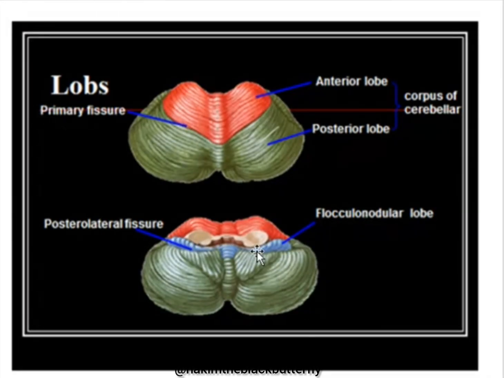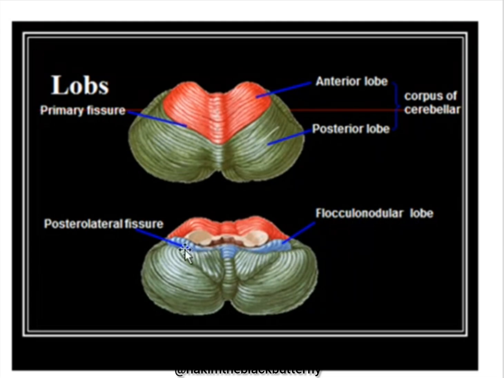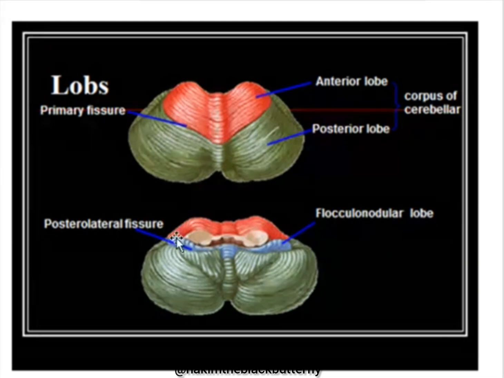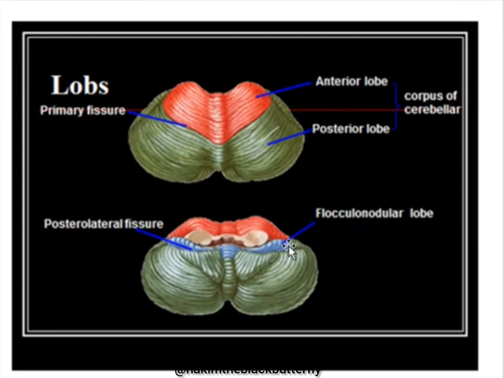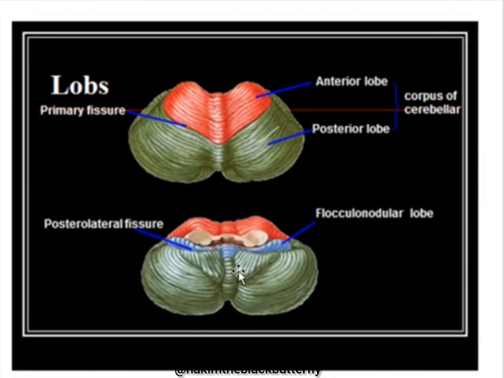So the three anatomical lobes are the anterior lobe and the posterior or middle lobe, separated by the primary fissure visualized on the superior surface. Then on the inferior aspect, we can see the flocculonodular lobe, made up of these two flocculi, which means leaf-like, and the middle nodule, which is part of the vermis.